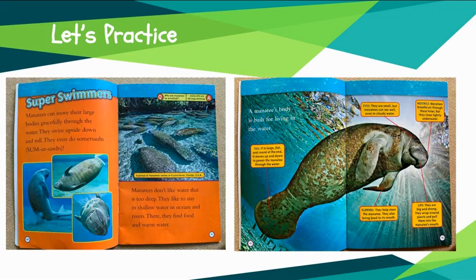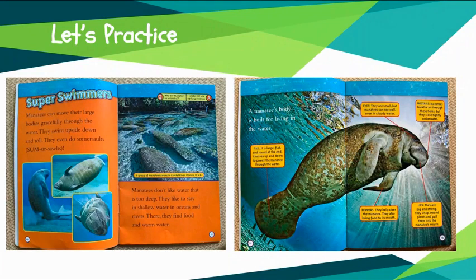As we look at this next example, this would be an example of a chapter within the book. Notice the chapters are always going to be something that we find in a book. Usually a chapter is multiple pages. If we look at the title of this chapter, it's called Super Swimmers. I'm going to start reading the chapter to help us figure out what the topic is. So follow along with your eyes as we read this chapter.